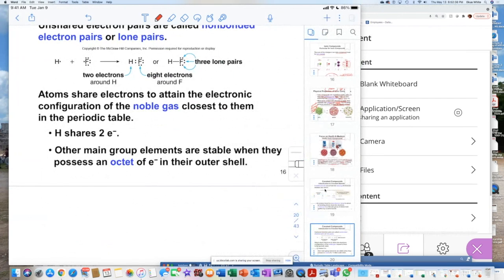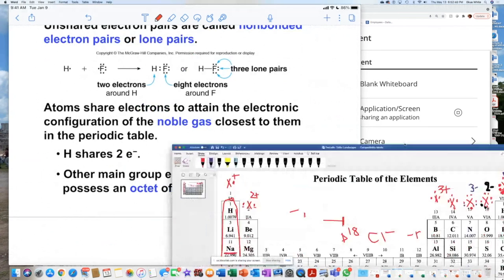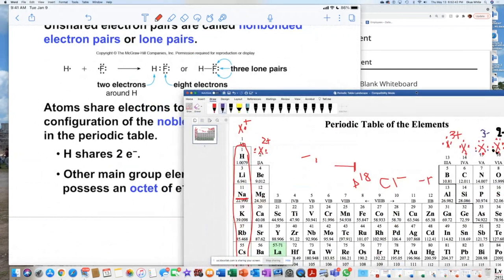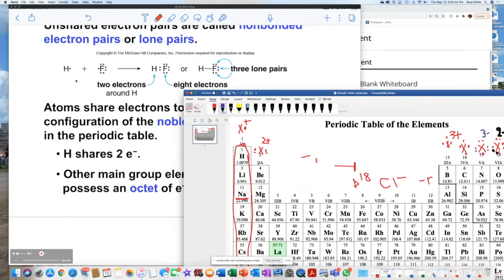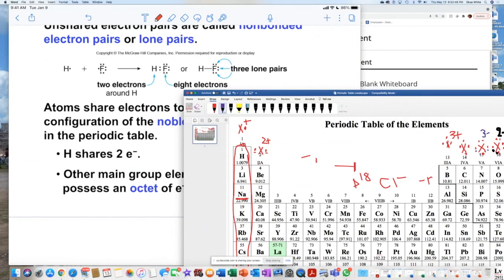Let me add a page here. So real quick, let me pick some random elements in the periodic table. Instead of talking about hydrogen here, I can talk about sodium. Sodium will normally form one bond. How do I know? It has one unpaired electron, right? I can then just throw in beryllium in group 2 right here. It has two unpaired electrons. Most likely, you can hypothesize it will form two bonds.